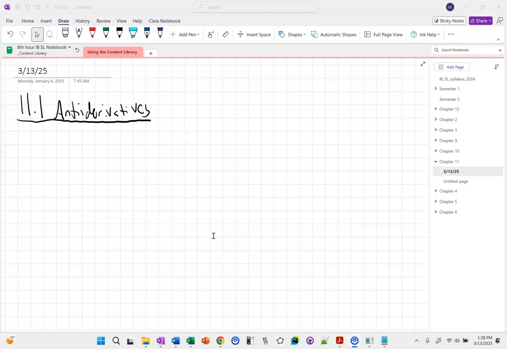So chapter 11 we're going to be talking about is our last calculus set of topics. This time we're going backwards from the derivative. Like last chapter, if we had something like 3x squared minus 4x plus 5, and we took the derivative. What's the derivative of 3x squared minus 4x plus 5?